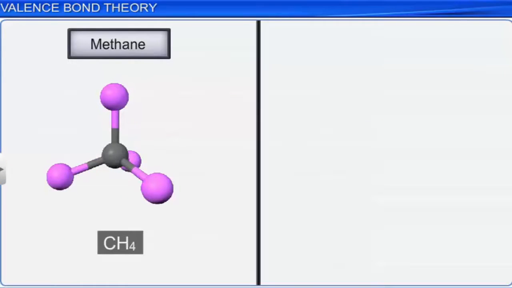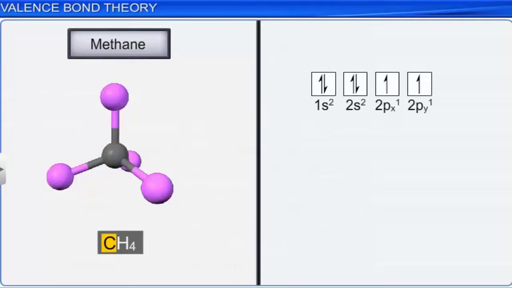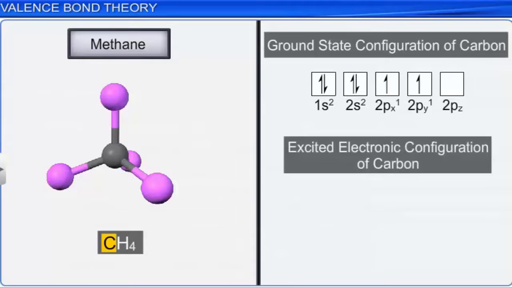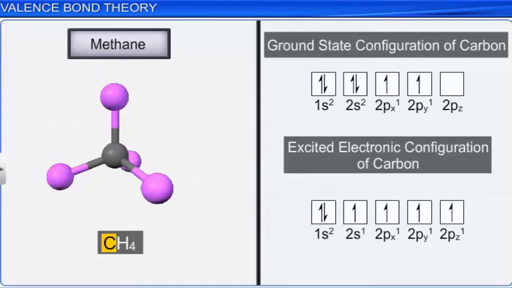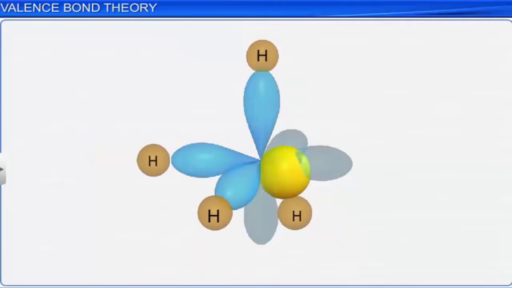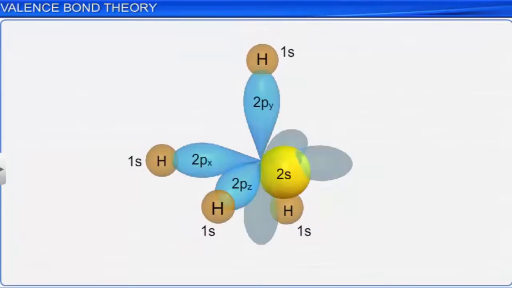In methane, the central atom carbon has the configuration of 1s2, 2s2, 2px1, 2py1. In its excited state, the configuration becomes 1s2, 2s1, 2px1, 2py1, 2pz1. The four atomic orbitals of carbon, each with an unpaired electron, overlap with four singly occupied 1s orbitals of the hydrogen atoms to form four C-H bonds.